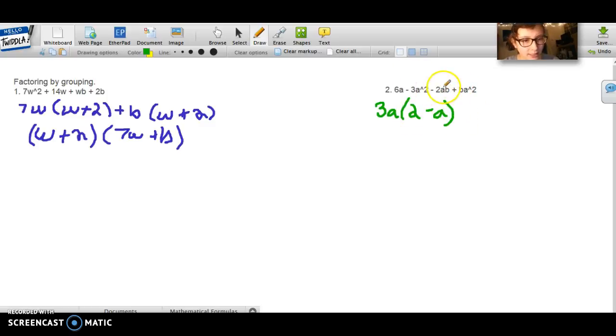So if we take a negative ab out of these two terms, then we're left with what? Negative 2ab divided by negative ab leaves us with 2. And ba squared divided by negative ab leaves us with negative a.